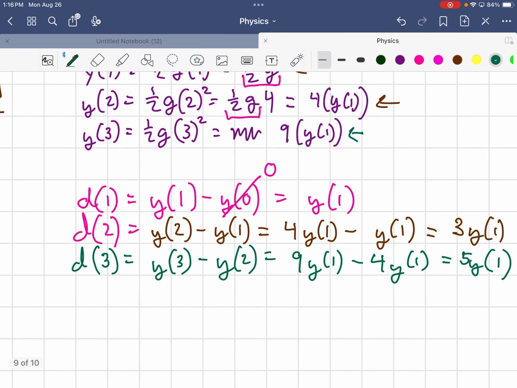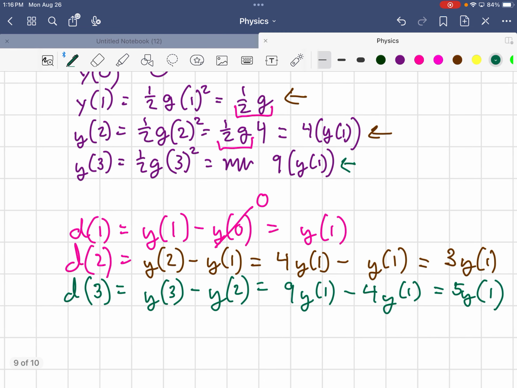So are we seeing a pattern here? Because of how the formula works, every time we square a number and then subtract it from the previous distance, we're always going to get an odd integer. We start with, there's an implied 1, 3, 5.